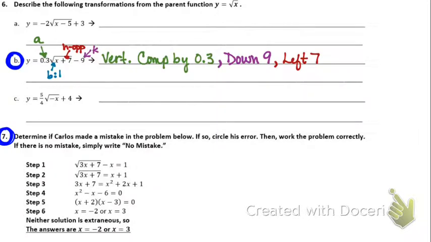Number 7. Carlos worked through this problem, and there's one really important thing that I don't see anywhere in Carlos's work. What do we always do at the end? Check. Did Carlos check? No. Why don't you check his 2 answers?